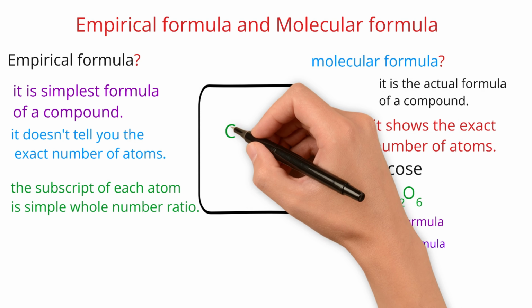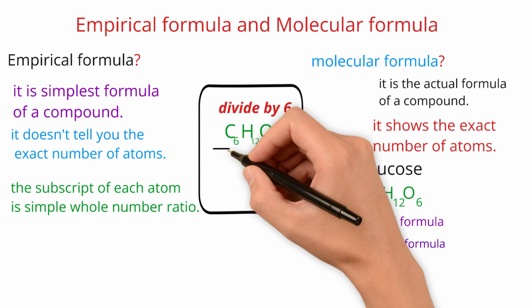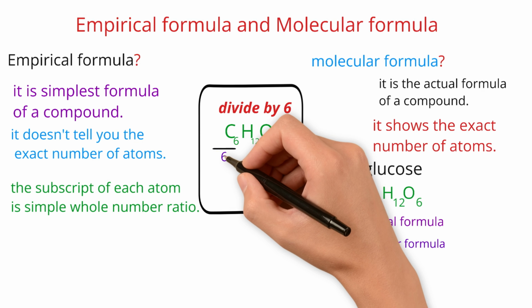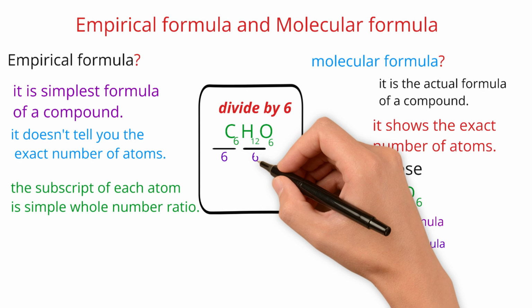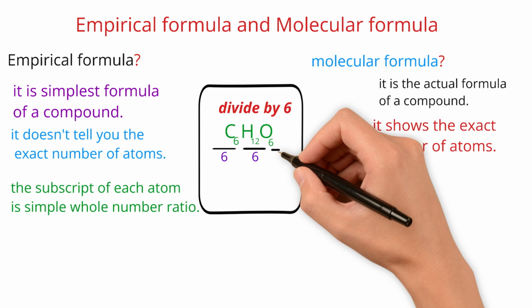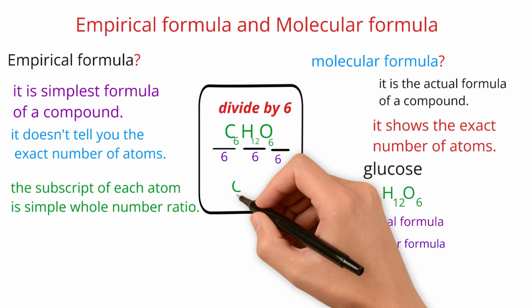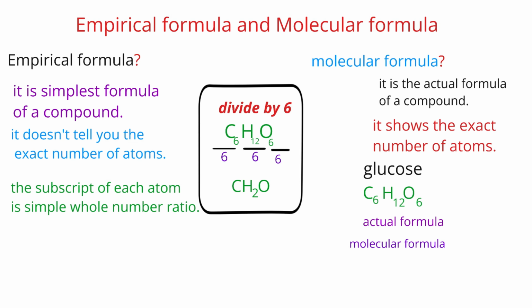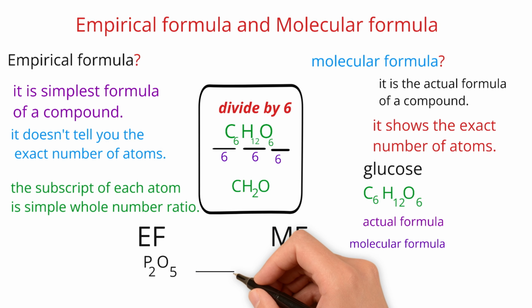Now, let us divide each subscript of glucose by 6. 6 upon 6, we have C, only C. 12 upon 6, we have H2. And 6 upon 6, we have only oxygen. Therefore, its empirical formula is CH2O.